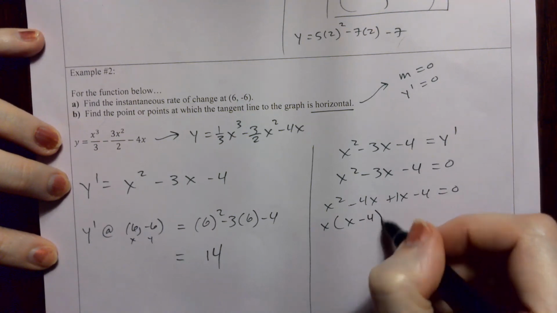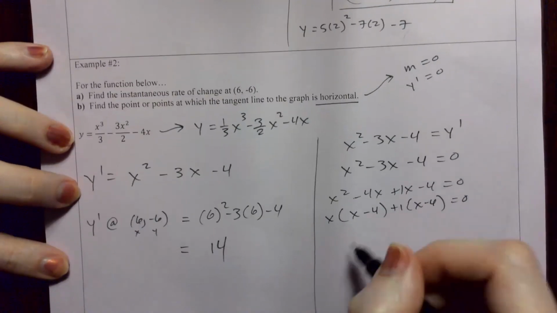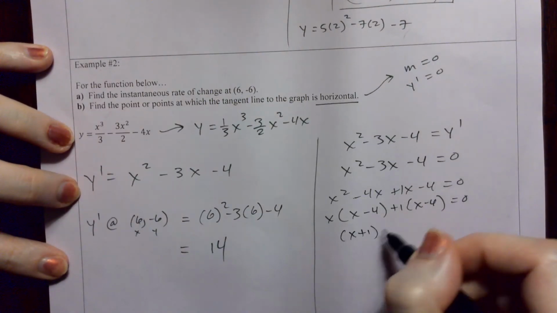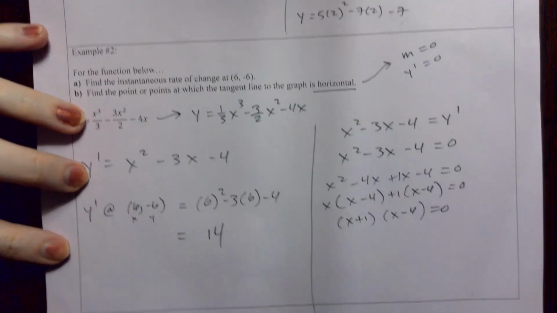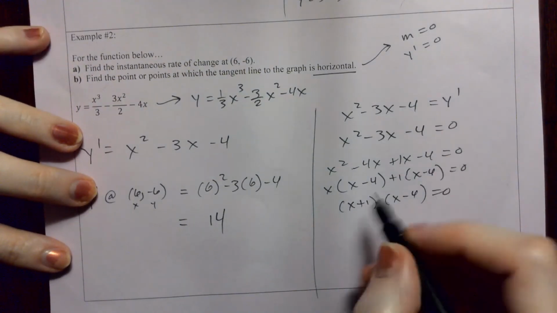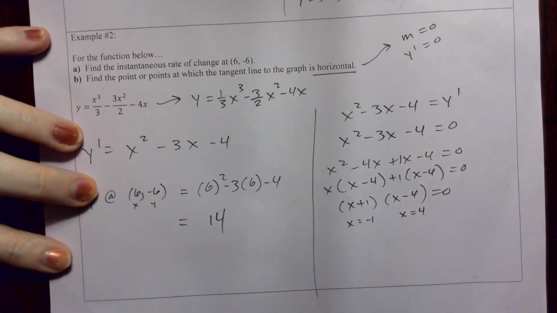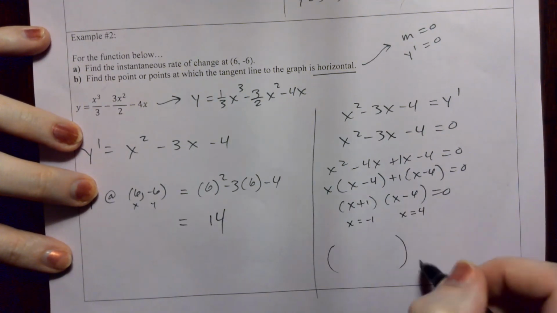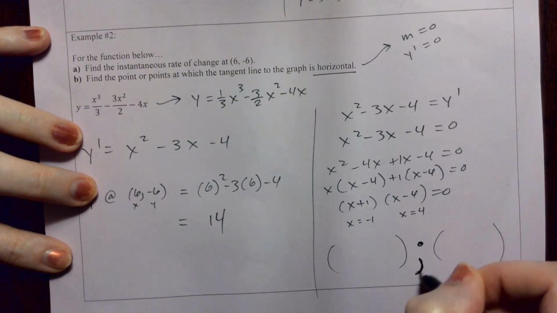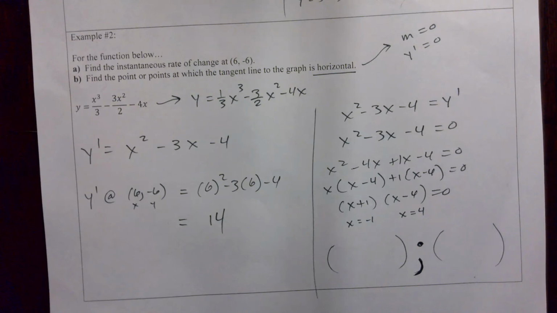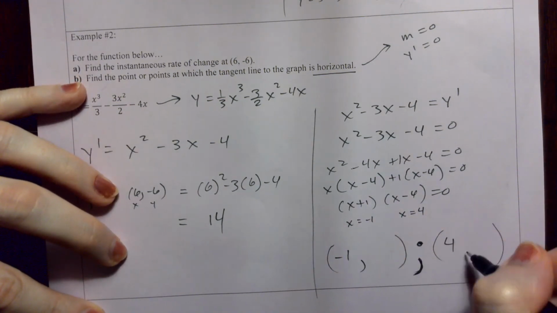X minus 4, plus 1, x minus 4. Okay, so we've got an x coordinate of -1 and an x coordinate of 4. So we're going to have two points in our answer.